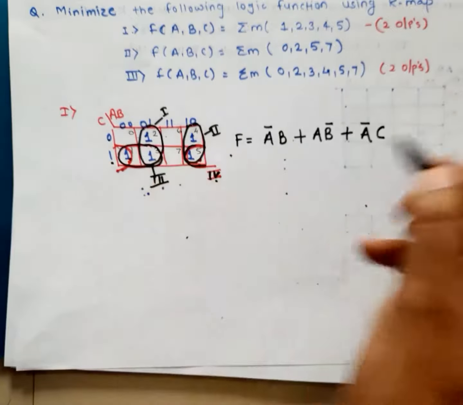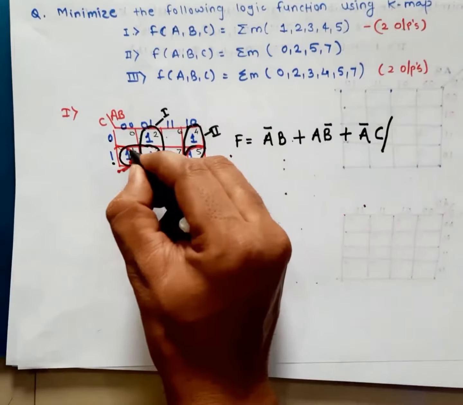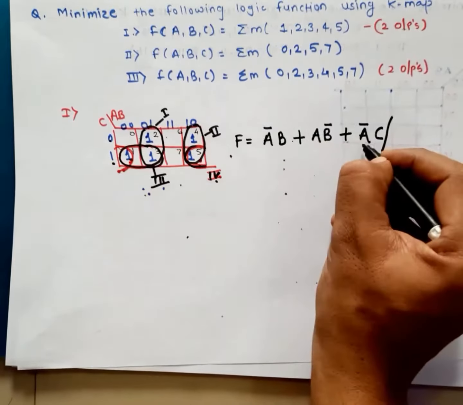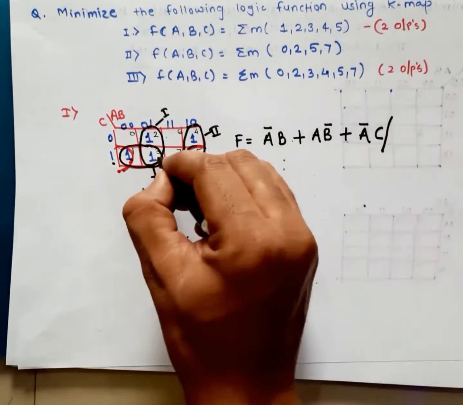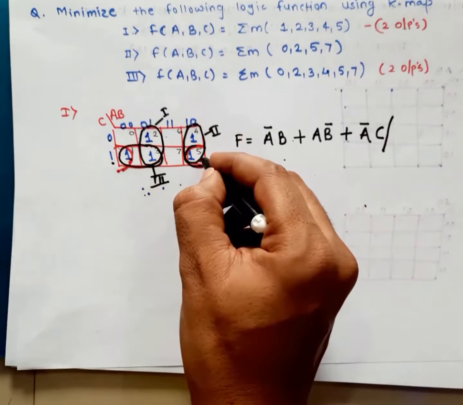If it is not covered, then we consider either this group, if you cancel A bar C, 1 and 3 cells, then we have this group of two adjacent cells.